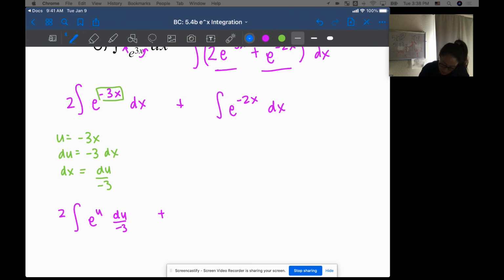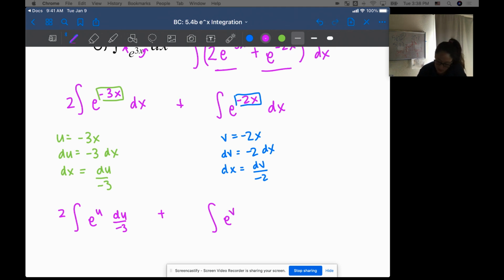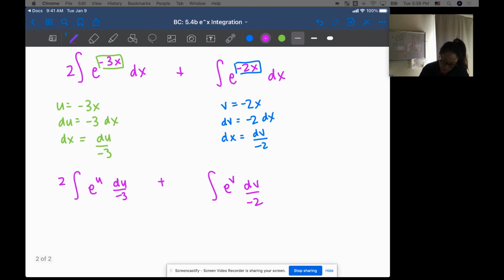Plus, since I already used u, I'm going to use v for negative 2x. So dv is equal to negative 2 dx, so dx is equal to dv over negative 2. All right, the integral of e to the v, and instead of dx, we're replacing that with dv over negative 2.